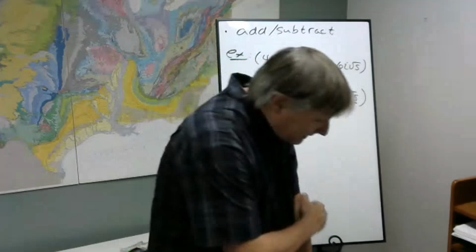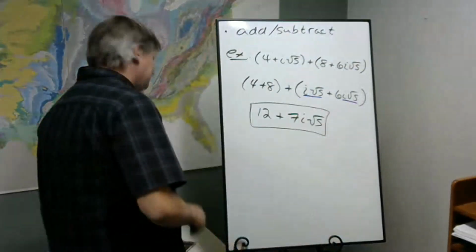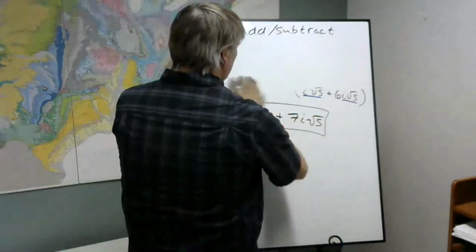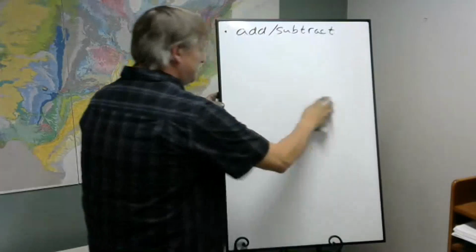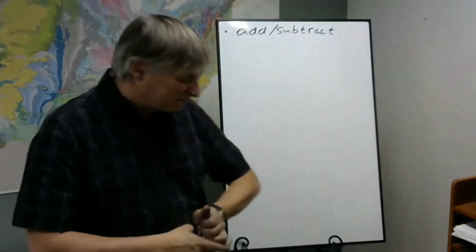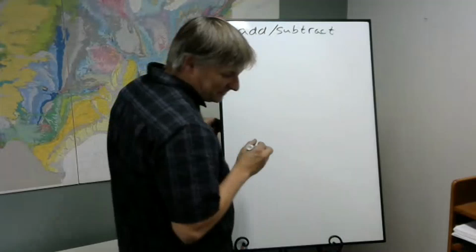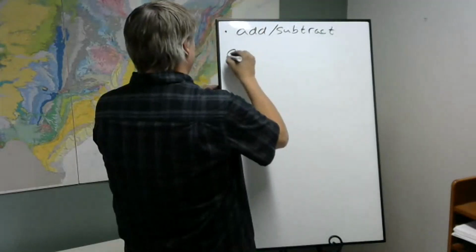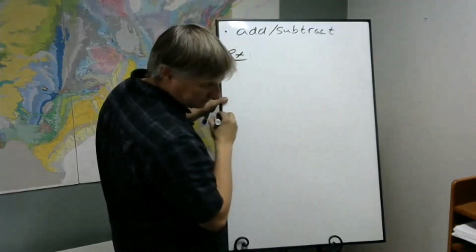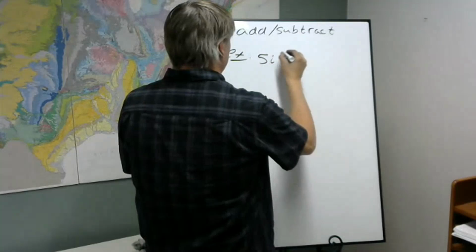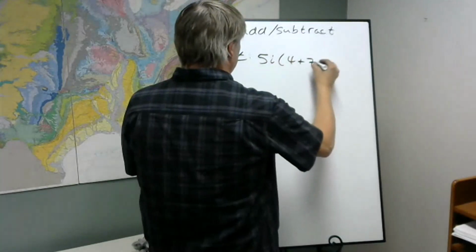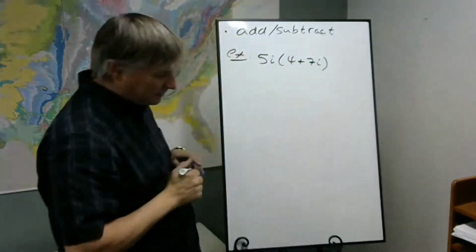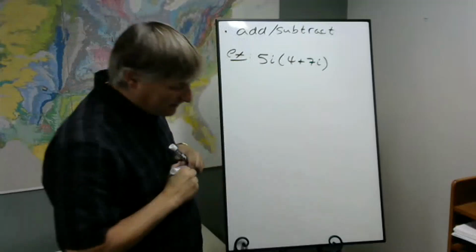Now, what about multiplication? Well, with multiplication, since these sort of look like binomials, we're going to FOIL. But let's do one where we don't have to FOIL, we just distribute. So let's say we have this. We're going to distribute the 5i.